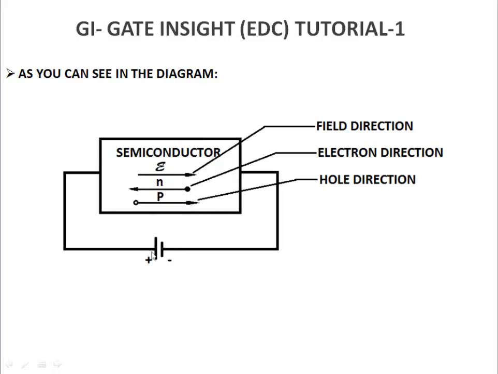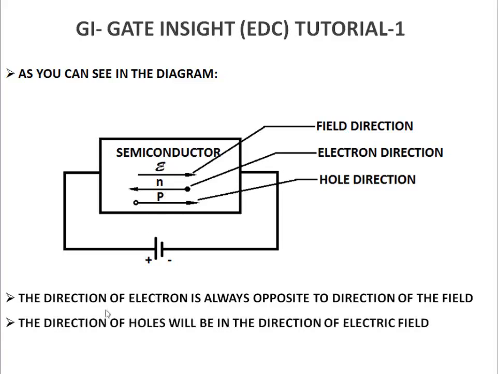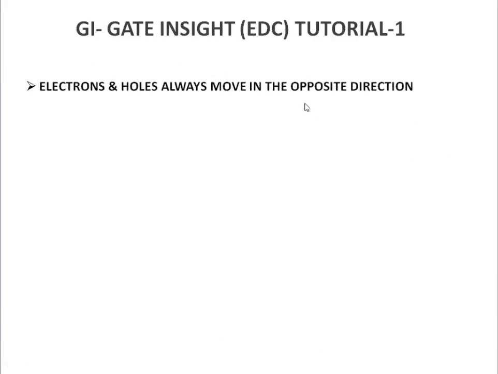Because of the negative terminal, the opposite force is going to apply on the electron, so the electron is going to move in the direction opposite to the field. And you can see the hole is moving opposite to the electron because the hole has a positive charge. So we can conclude that the direction of the electron is always opposite to the direction of the field, the direction of the hole will be in the direction of the electric field, and electrons and holes always move in opposite directions.